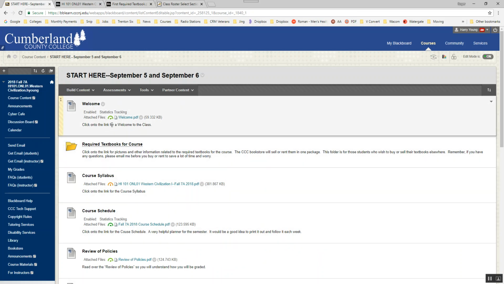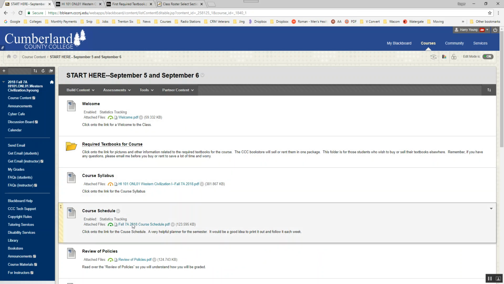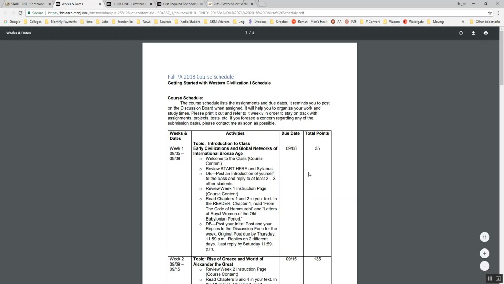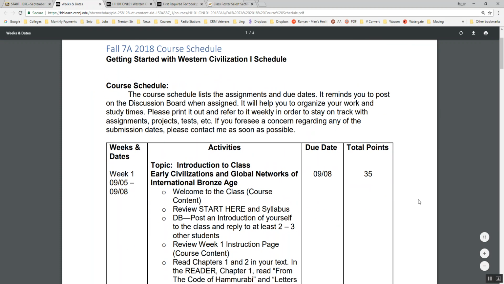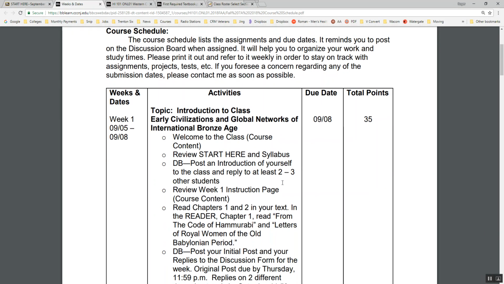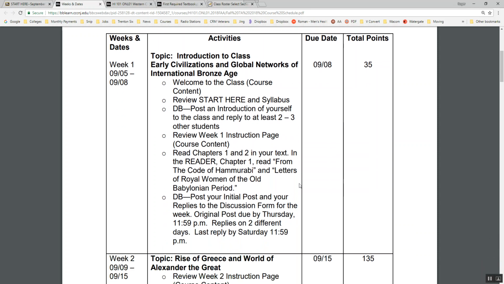So under Start Here, there is a course schedule. You can see it here. You click on that and you can print it. This is nothing more than the schedule itself telling you what you need to be doing and when you need to be doing it. For example, in our first week, you need to introduce yourself to the class, go over the folders in Start Here, and then begin your assignments.